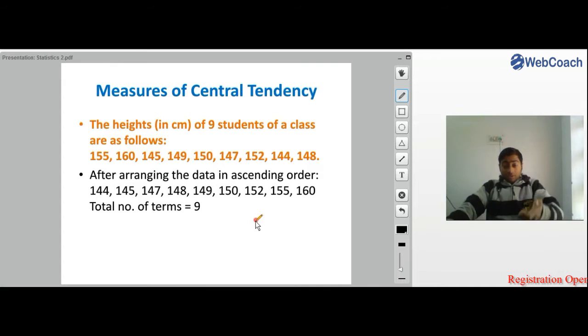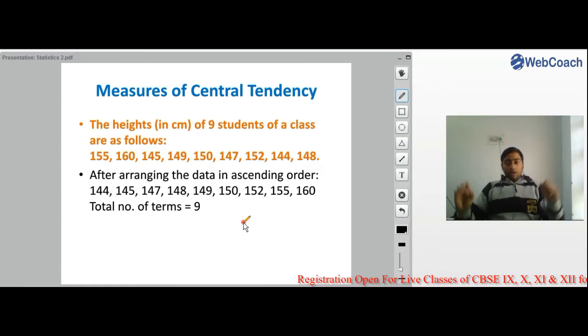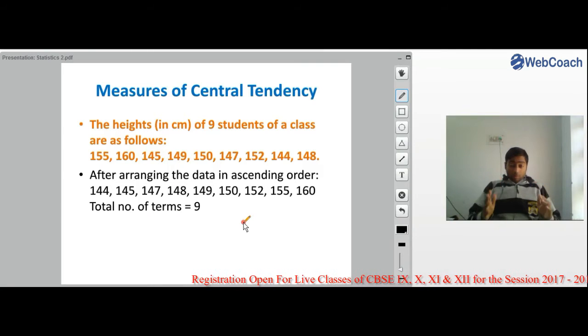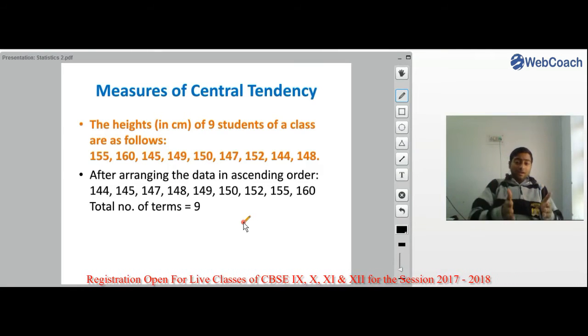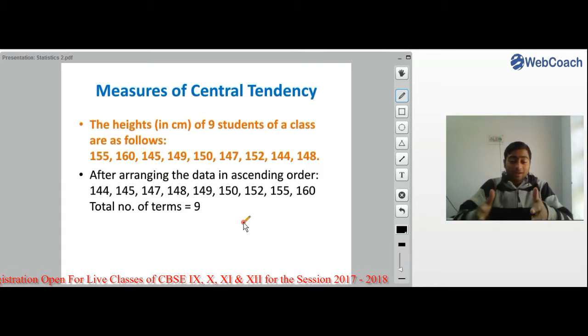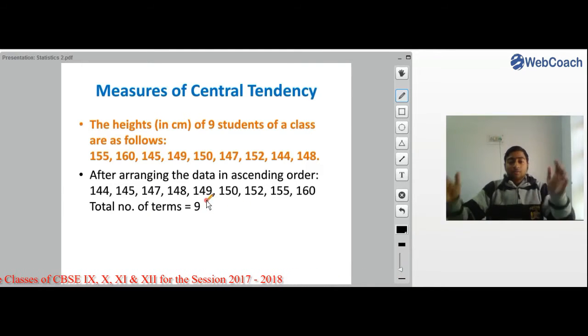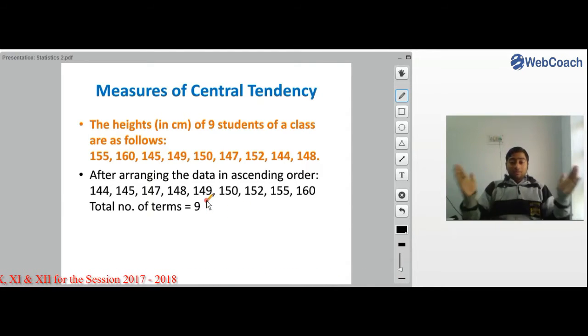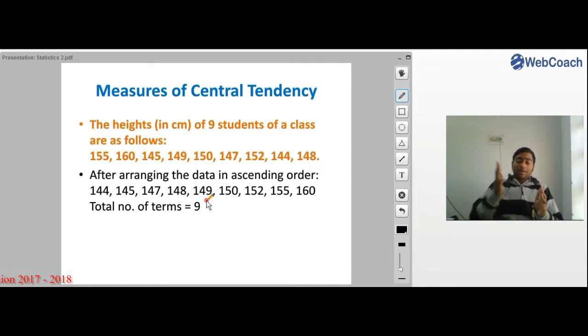Which value do you think is the central value, or which value divides the entire group into two equal parts? Of course, when we are looking at the central value, we must look at that value which is at equal spacings from either side. The gaps are equal from the back and also from the front.